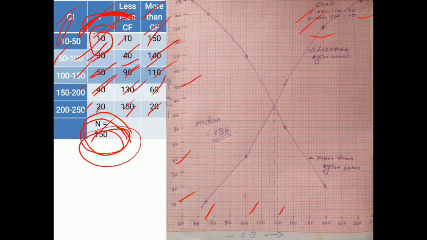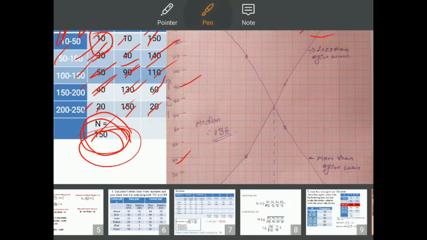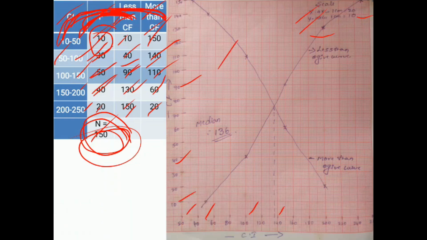Now more than cumulative frequency always needs to be plotted with the help of lower limit value. Lower limit value, please do remember this. For 10 it's 150. 10 in the x-axis, y it's 150.